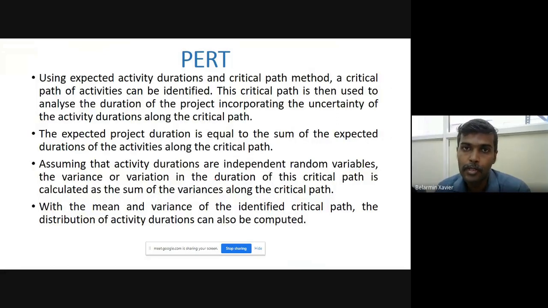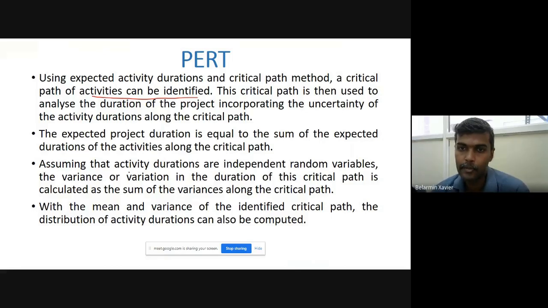Okay. So in PERT, using expected activity duration and the critical path method, the critical path of activities can be identified. This critical path is then used to analyze the duration of the project, incorporating the uncertainty of the activity duration along the critical path. The expected project duration is equal to the sum of the expected duration of the activities along the critical path.